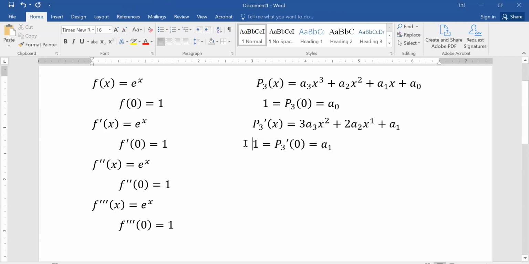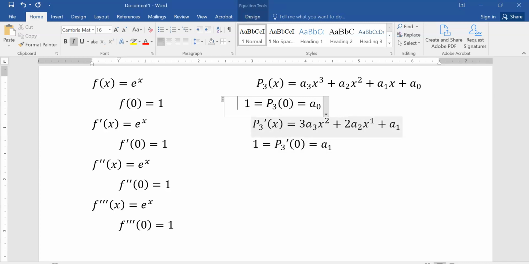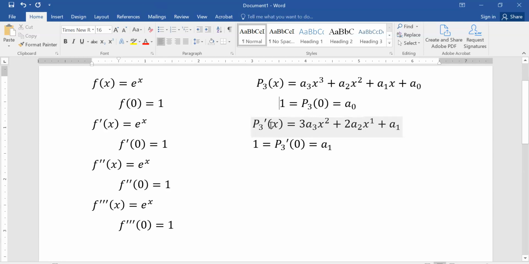So when you plugged in 0 into your original function, that forced your constant to be 1. Now your coefficient of x on your original polynomial is also forced to be 1.